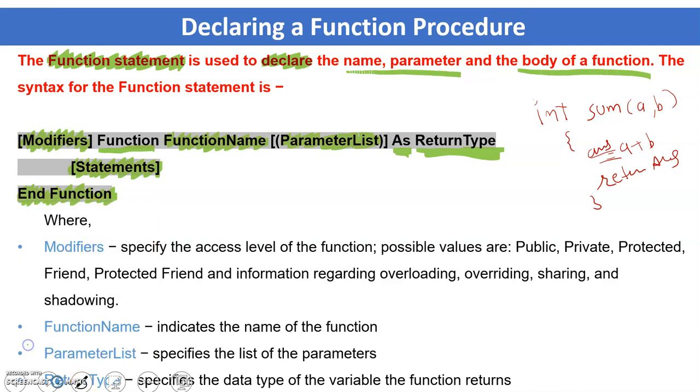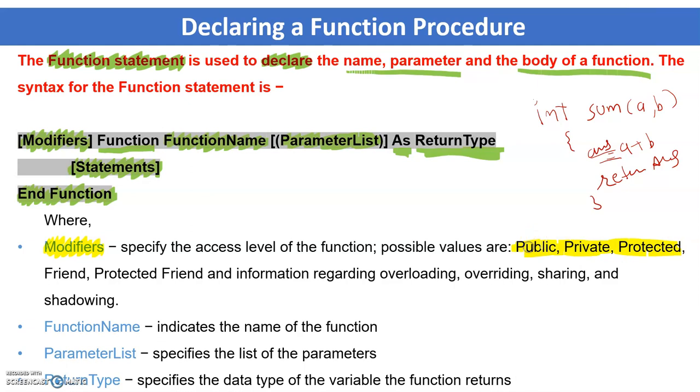So let's understand the terms. What is a modifier? The modifier generally specifies the access level of the function. I mean, throughout the program, what is the access level of your function? Do you want to keep it public, private, or protected?